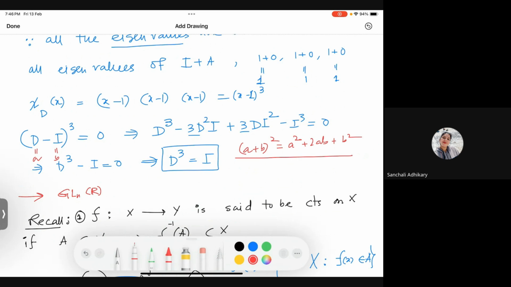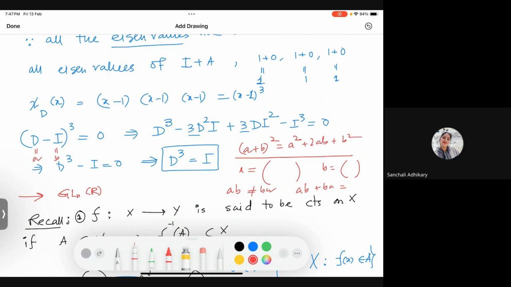If you take A equal to some matrix and B equal to some matrix, and choose them in such a way that AB is not equal to BA, then we cannot write AB plus BA equal to 2AB, right? So this formula is not true everywhere.